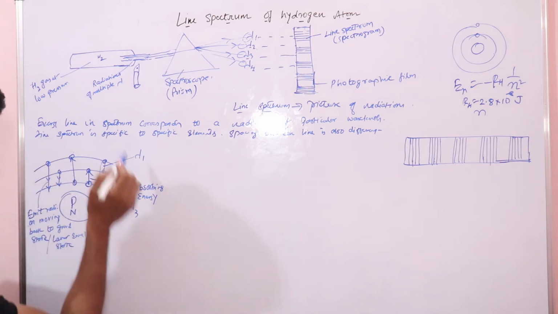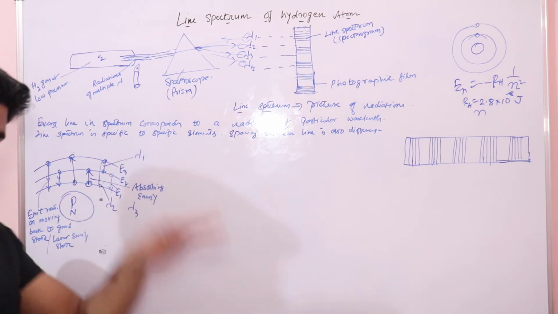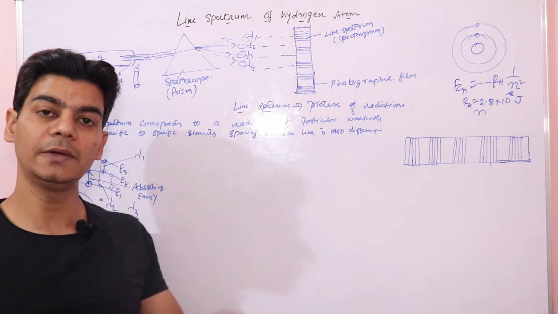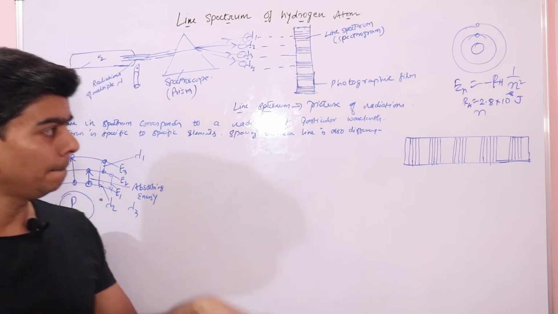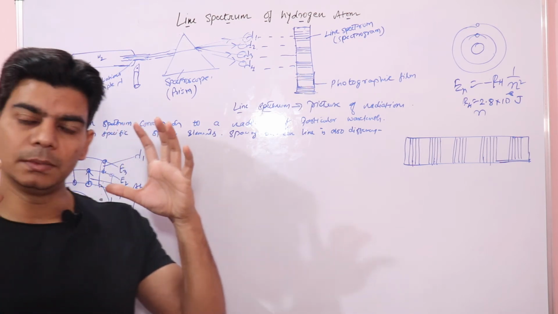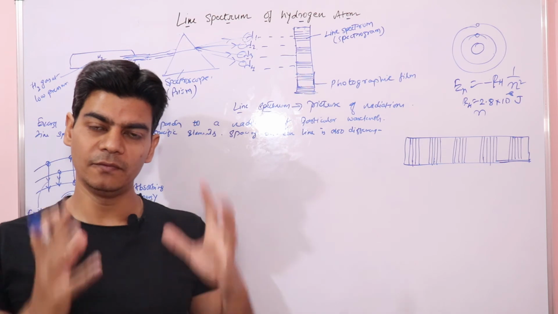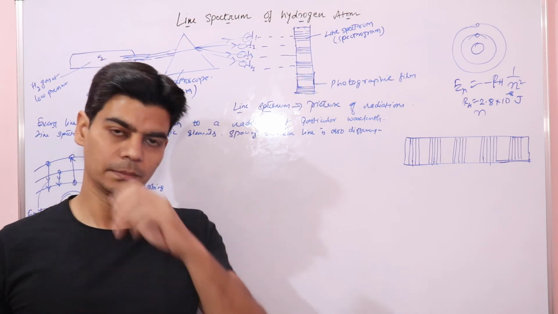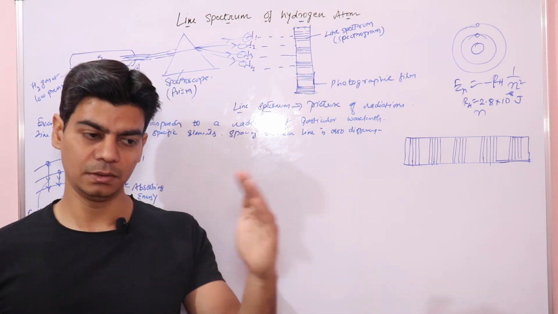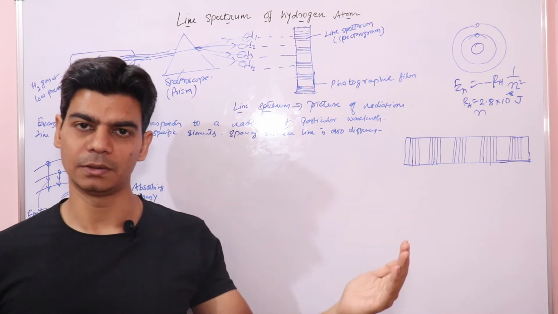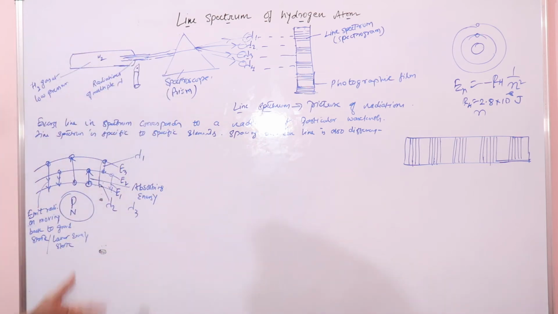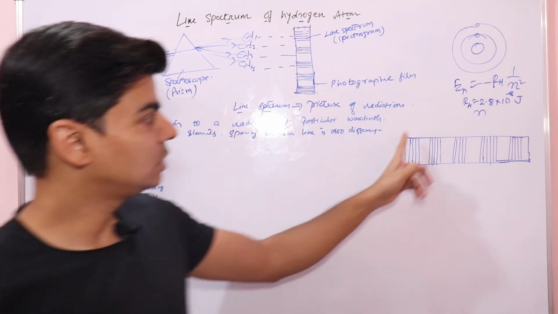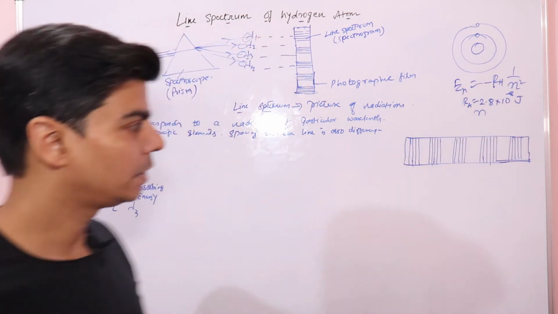So maybe there are more higher energy states, right? So electron transition is taking place between different energy levels, and the wavelength of light emitted by transition between two energy levels is different. We'll see this, and using this formula we'll understand it quantitatively.